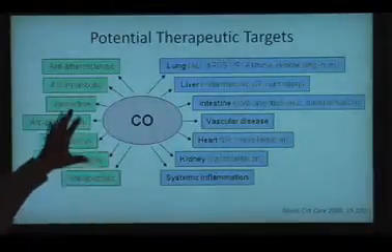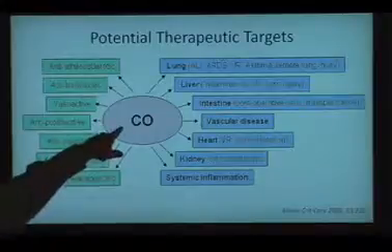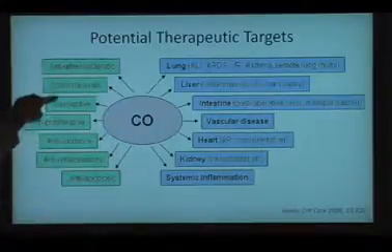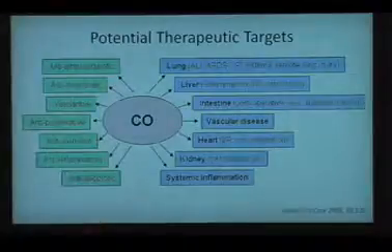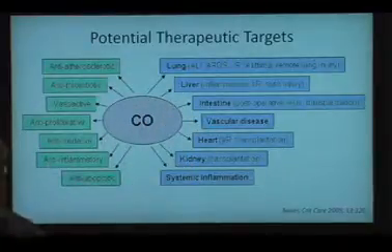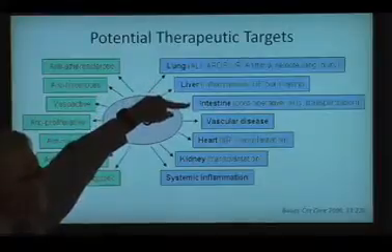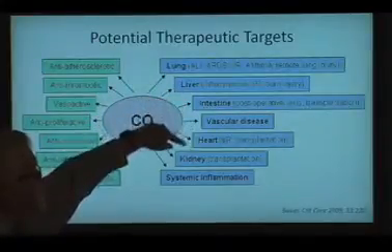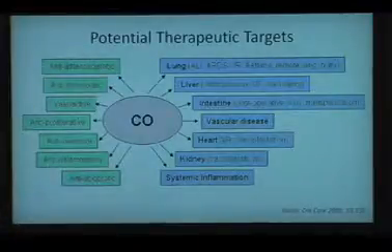This shows some of the information in the previous slide, yet another way. CO may result in a lot of different important, useful biological effects within the body, and that may affect a lot of different organ systems, not just the lung, but the liver, intestine, vascular system, heart, kidney, systemic inflammation, and so forth.